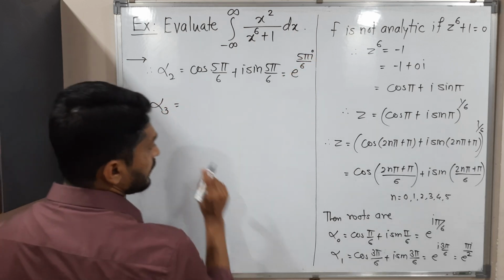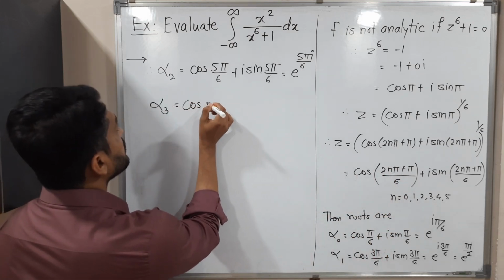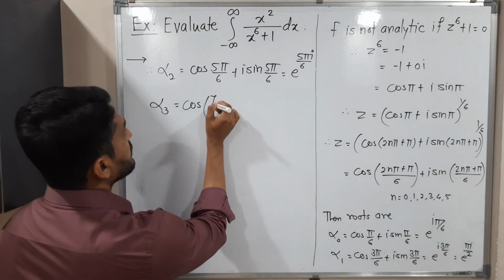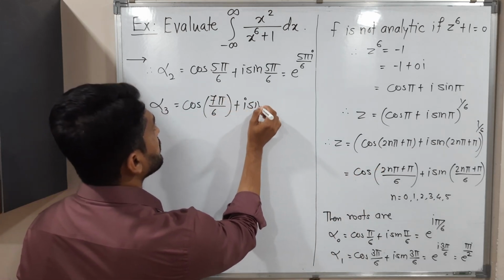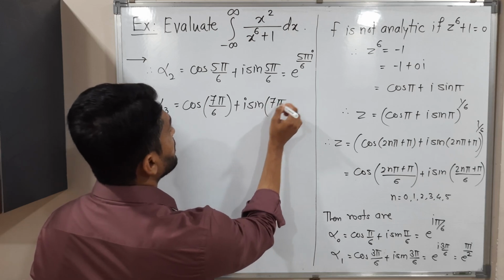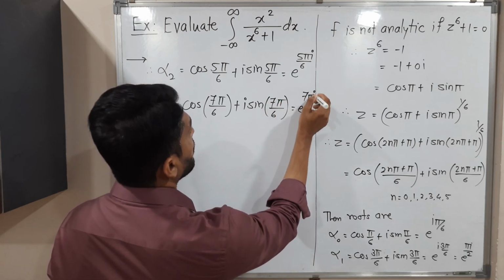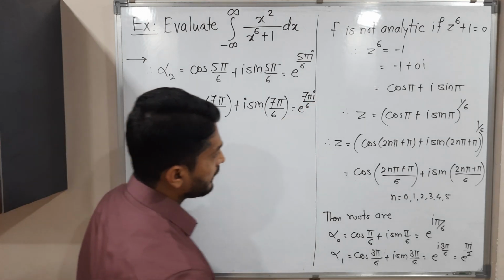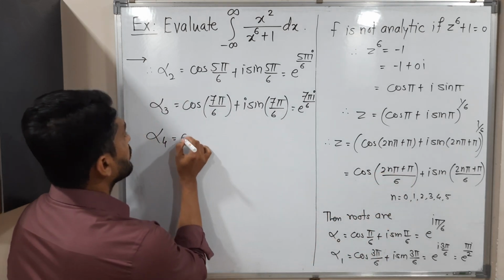Alpha 3, I am putting n is equal to 3 here. Cos, 3 into 2, 6 plus 1, 7 pi by 6 plus I sin 7 pi by 6, that means e raised to 7 pi I by 6. Alpha 4, I am putting n is equal to 4. 4 into 2, 8 plus 1, 9.